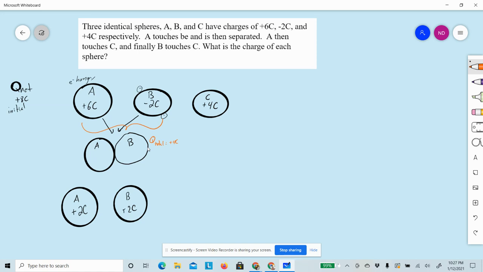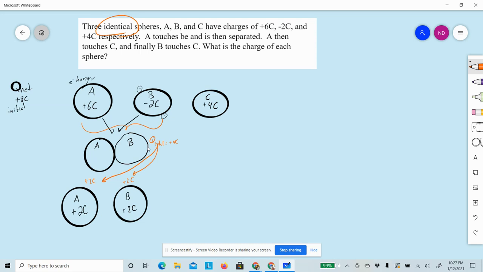That becomes plus 2 coulombs, plus 2 coulombs, distributed evenly between the two. That's distributed evenly because they are identical. If one had a larger surface area than the other, the charge would not be distributed evenly. But that's not the case in this scenario.